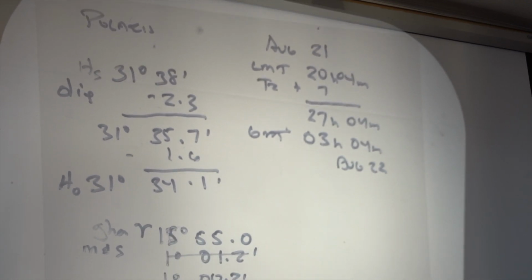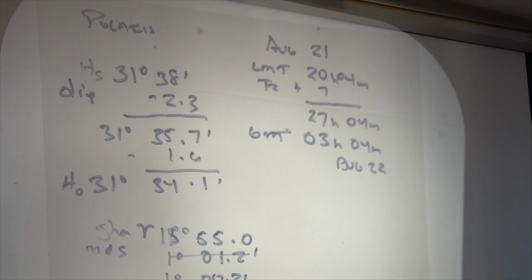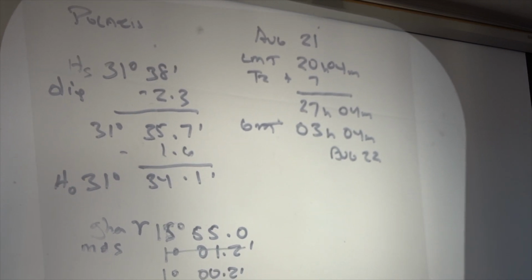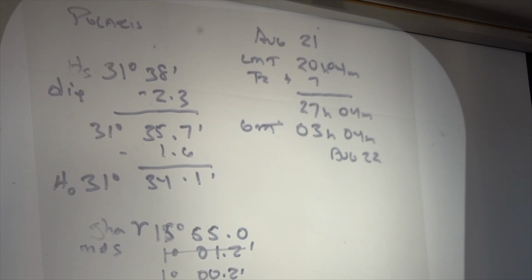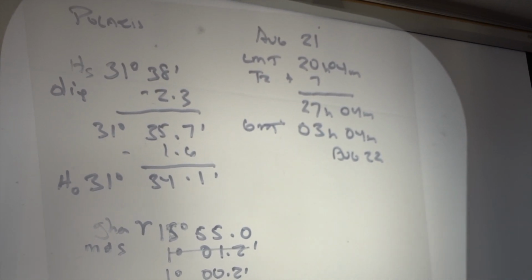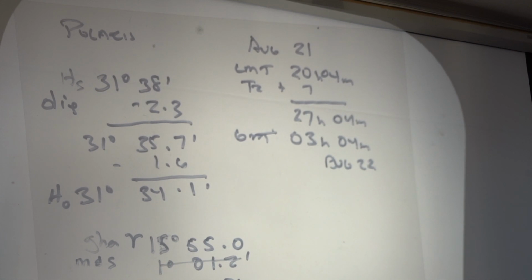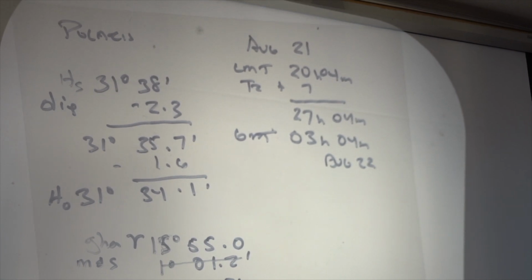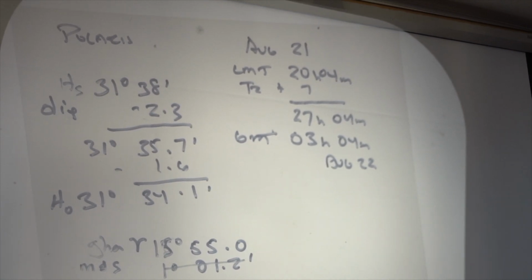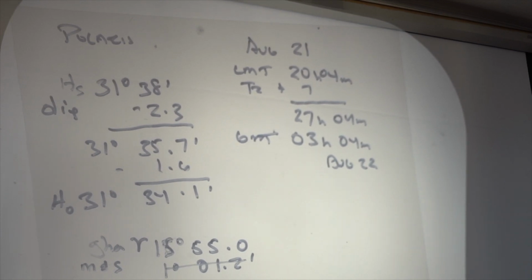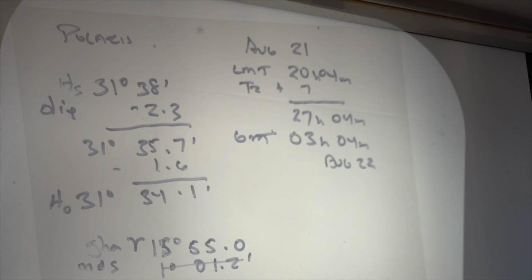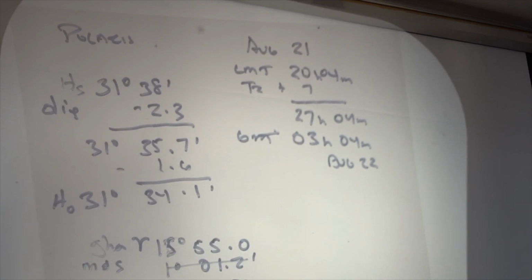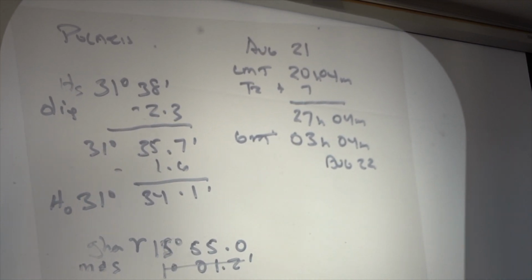So this would be 16 degrees, 56.2 minutes, and that is the GHA of Aries. Okay, 16 degrees, 56.2, GHA of Aries. So now we can go to those Polaris tables.